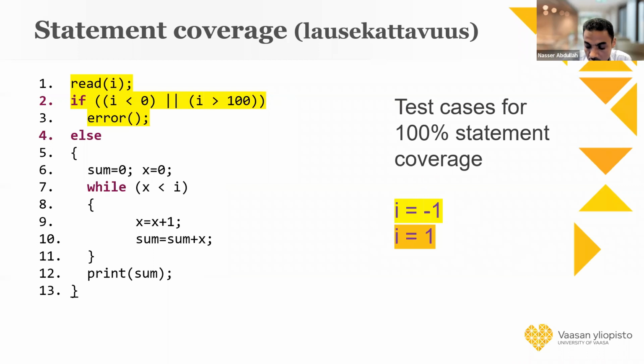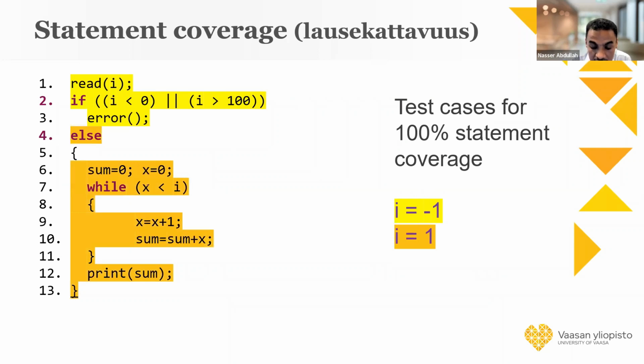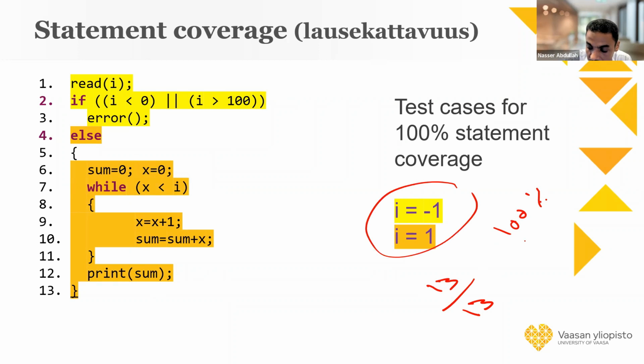So this is using the 1. Now if we check how many statements are covered, it's 13 divided by 13, so it will be 100%. So using these two test cases, we cover 100%.